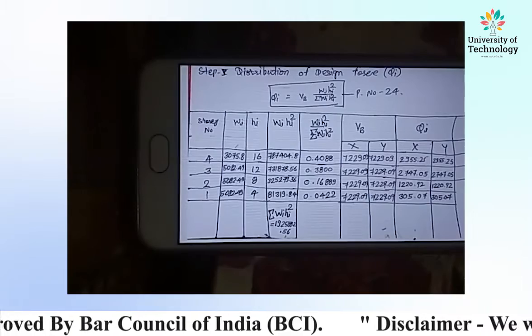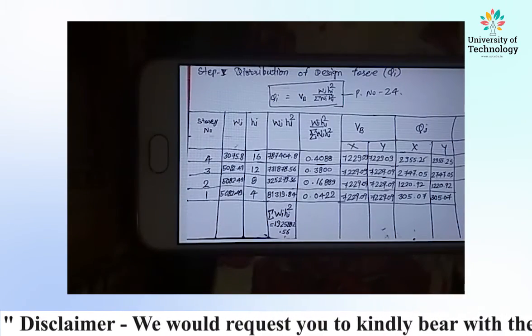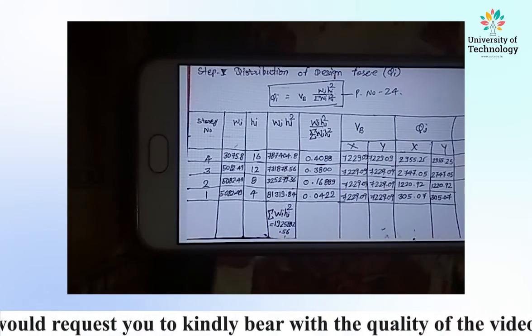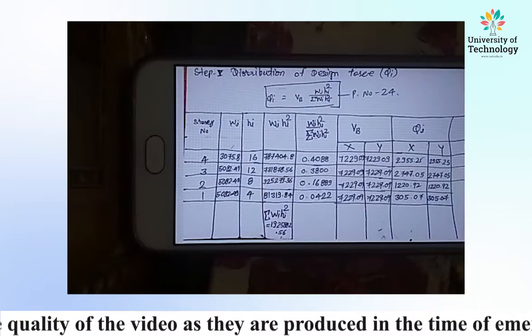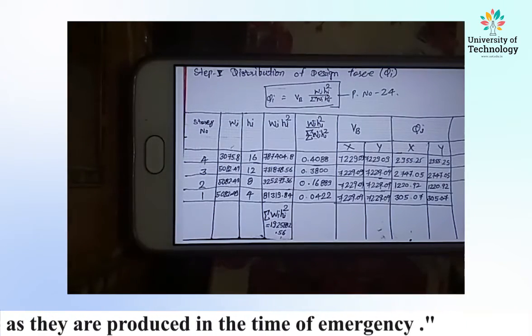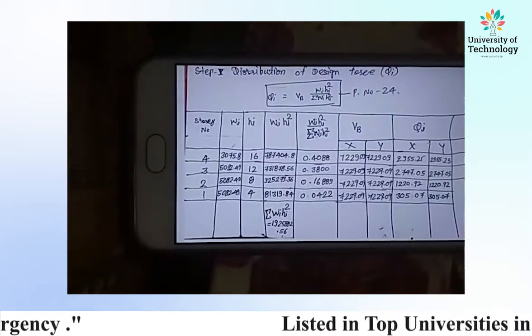Hi is the height of the building: for the ground story it is 4 meters, for the second story 4 plus 4 equals 8, for the third story 4 plus 4 plus 4 equals 12, and for the fourth story 4 plus 4 plus 4 plus 4 equals 16 meters.